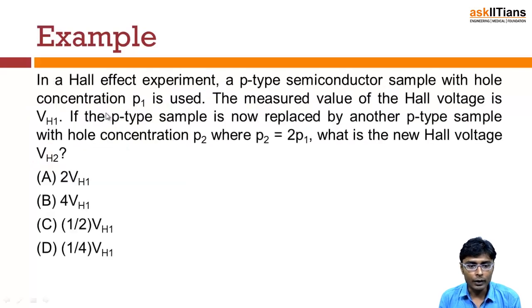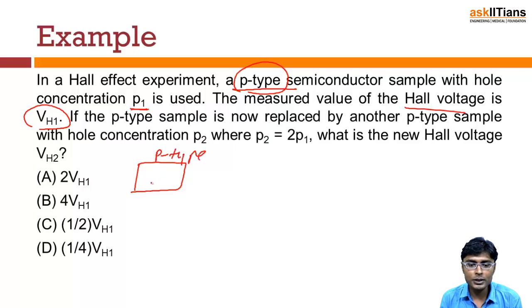Now another example. In a Hall effect experiment, a p-type semiconductor sample with hole concentration P1 is used. The measured value of the Hall voltage is V_H1. Okay, so we have a p-type semiconductor, the concentration of holes is P1, and the Hall voltage generated is V_H1.